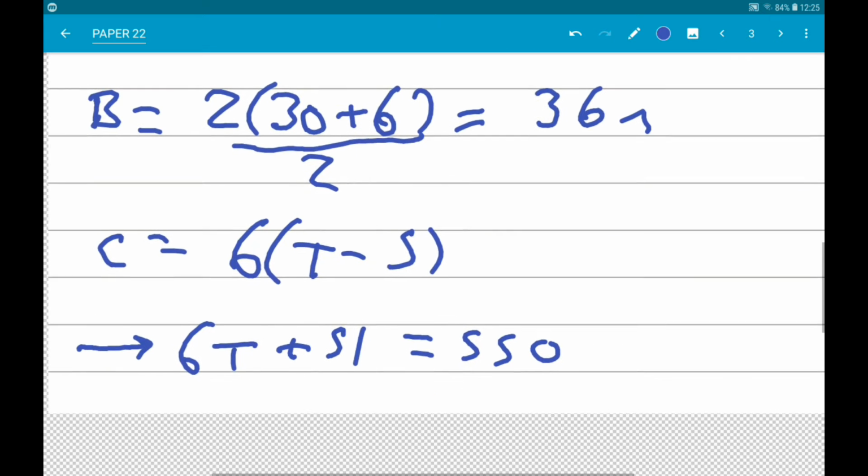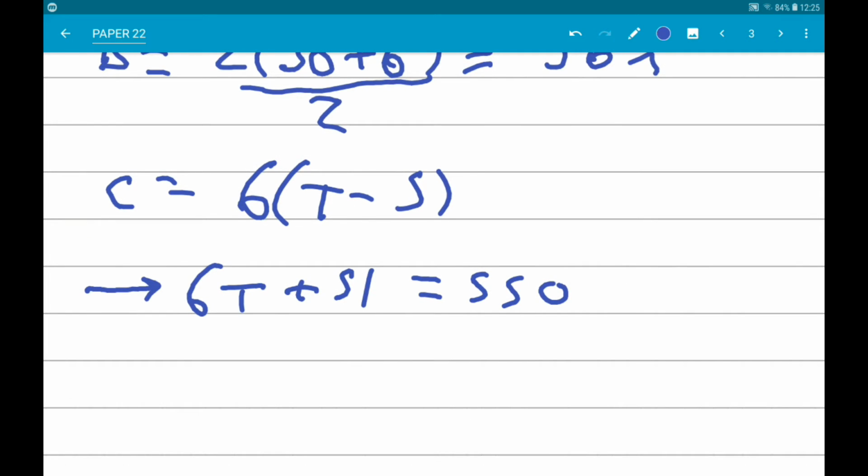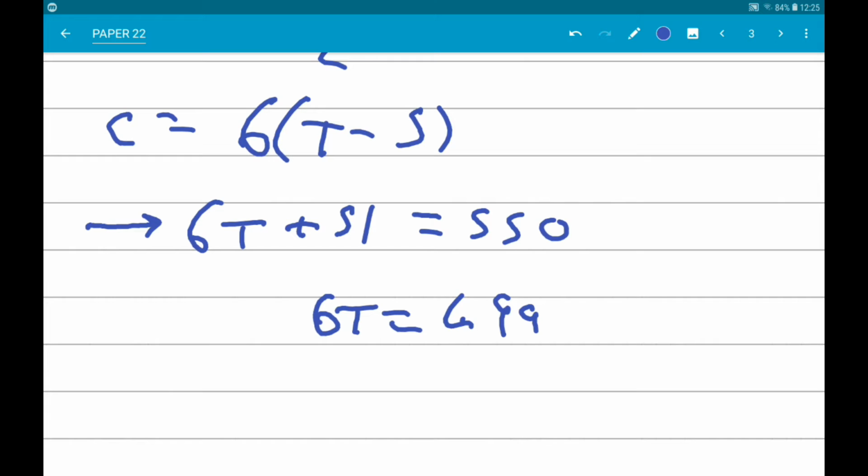So 6t is 499. Divide by 6 and to the nearest whole number, T is 83 seconds.